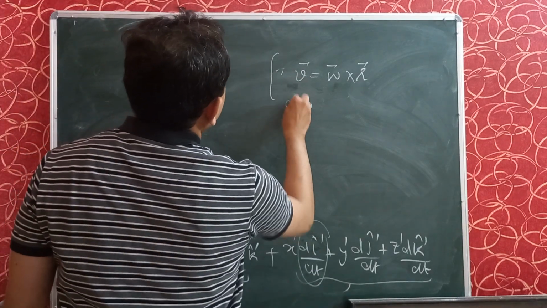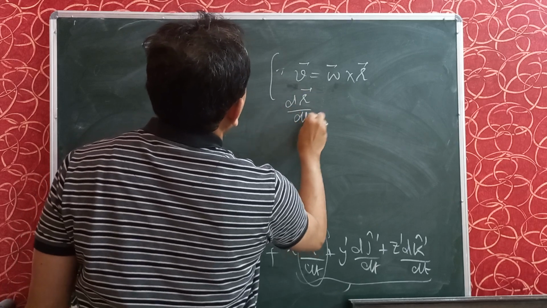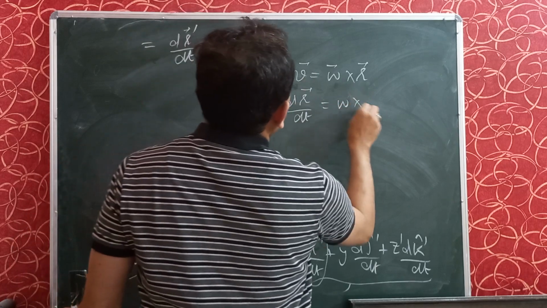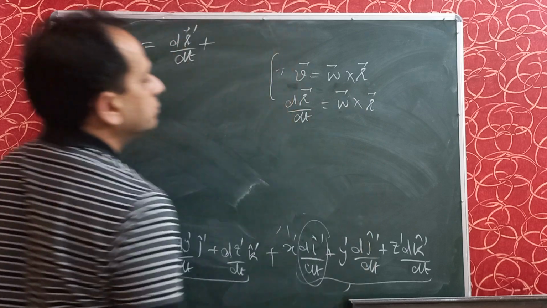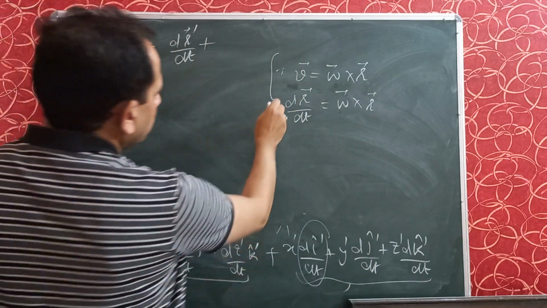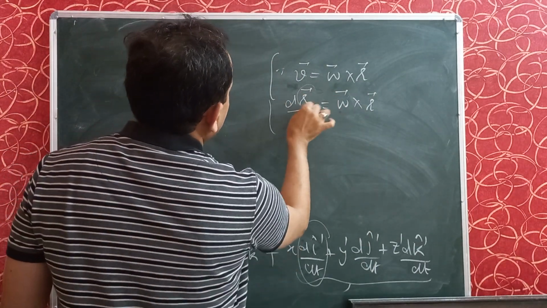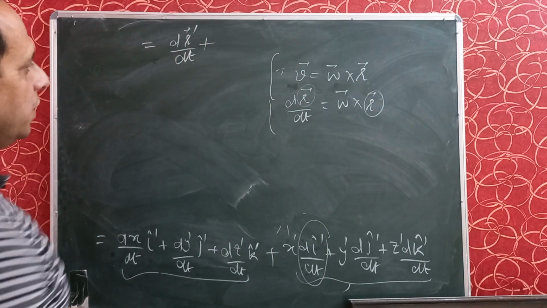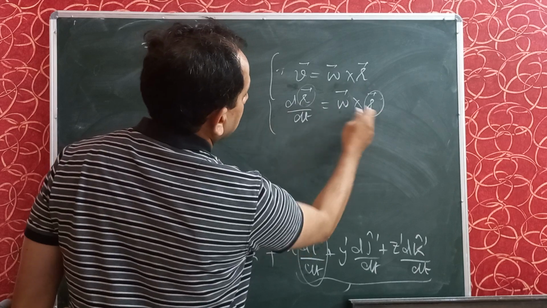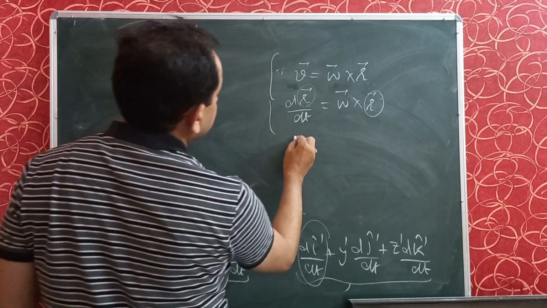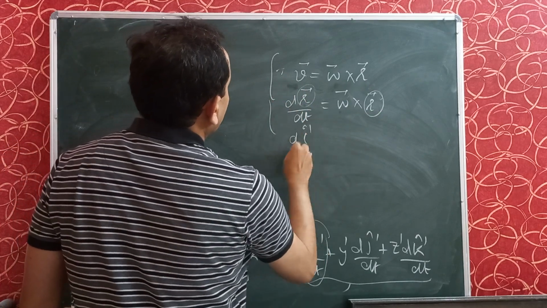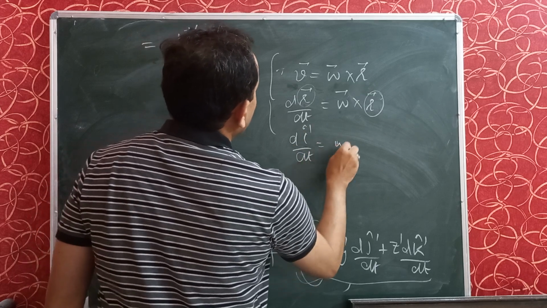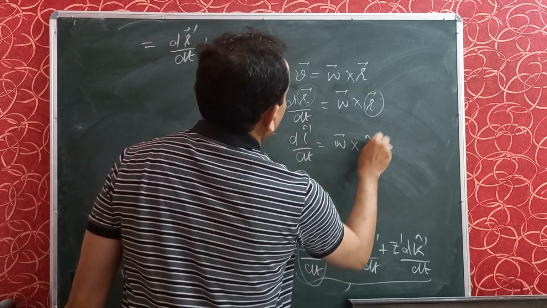This velocity will be written as dr upon dt, it is omega cross r. Now, from this equation, it is the derivative of r and the same r is here. So, we may replace this r by i dash. So it will become di dash upon dt is equal to omega cross i dash.